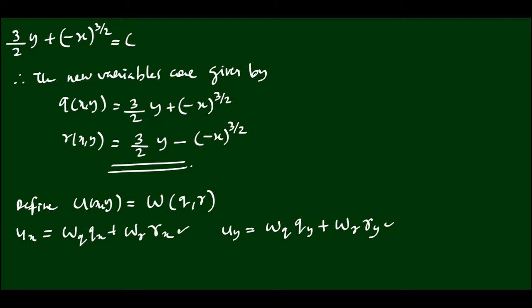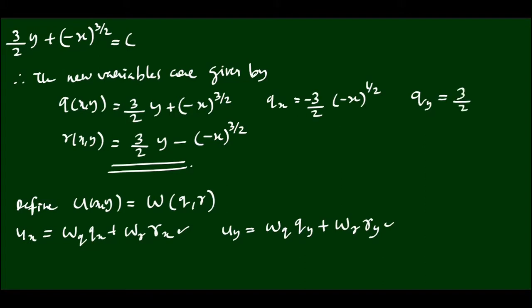Okay, so we can use q equal to 3 by 2 times y plus minus x raised to 3 by 2 to find qx and qy. Qx will be equal to 3 by 2 times minus x raised to 1 by 2 into derivative of minus x, which is minus 1, and qy will be equal to 3 by 2.